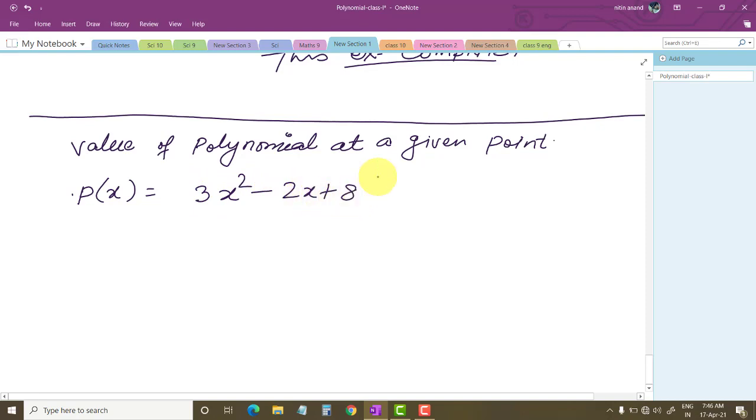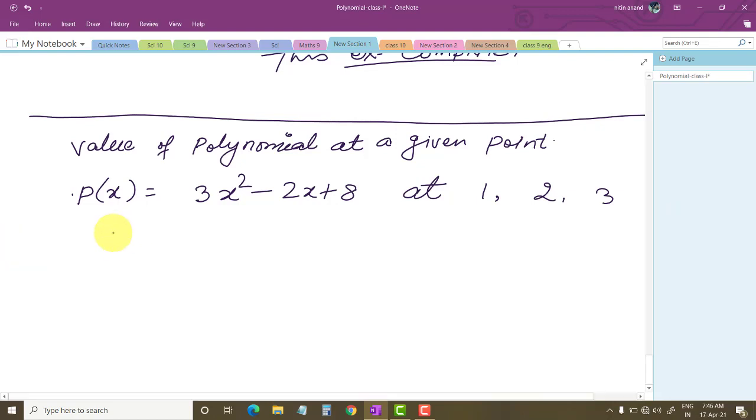We have to find the value of this polynomial at 1, 2 and 3.